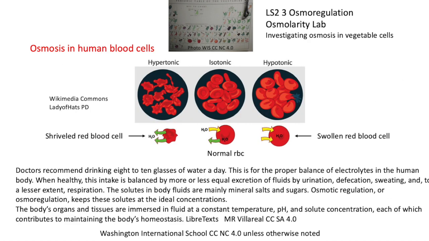And here in human blood cells, red blood cells, and how hypertonic, they're shriveled. The water has traveled through the cell wall greater amounts, and shriveled isotonic, where it's just right, and hypotonic, where the cells are swollen because more water has gone into the cell.